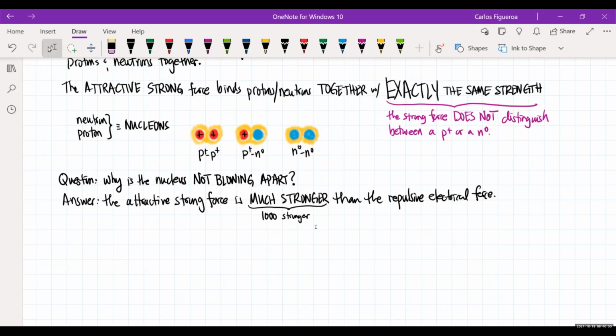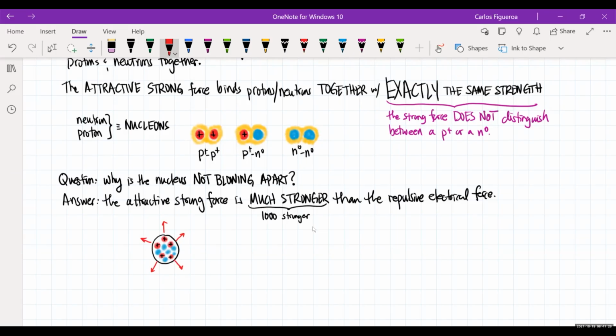And so when I draw my picture of the nucleus, it looks something like this. Here's my nucleus. I'm going to put in my protons. Right, here's my protons. So now if I put in my neutrons, maybe they look like this. When I look at the electrical repulsion, it is pushing very strongly outwards.